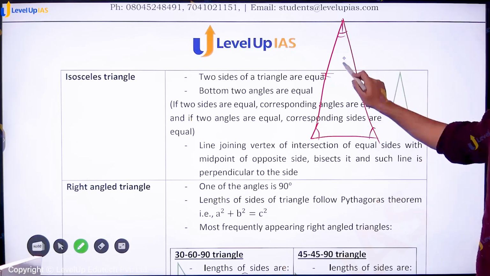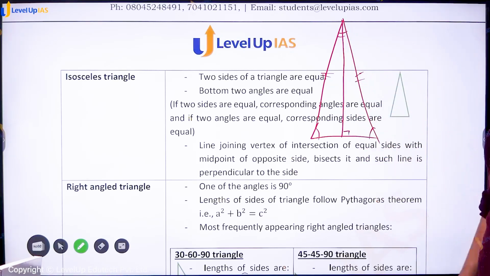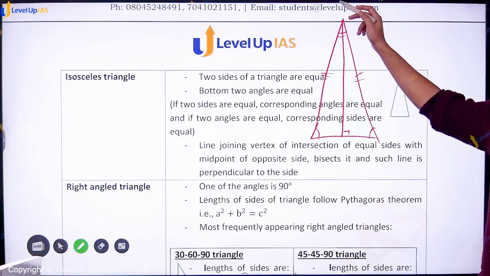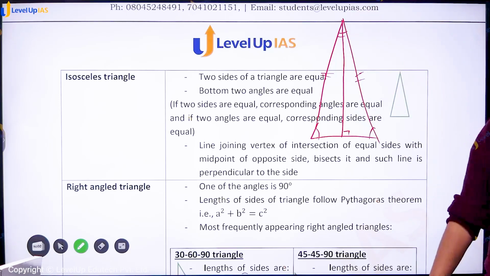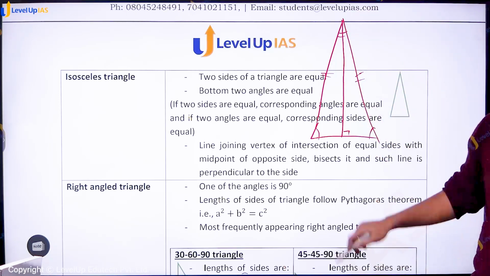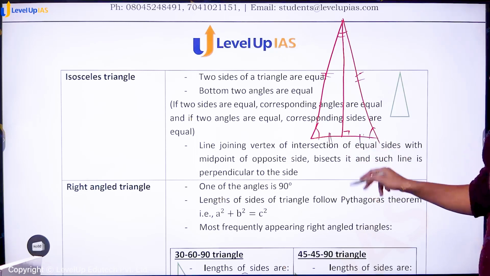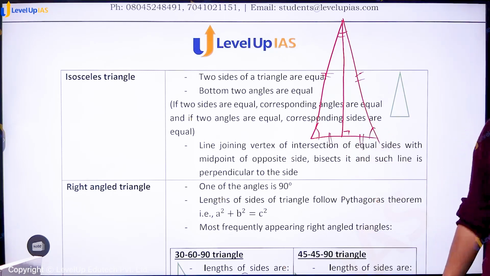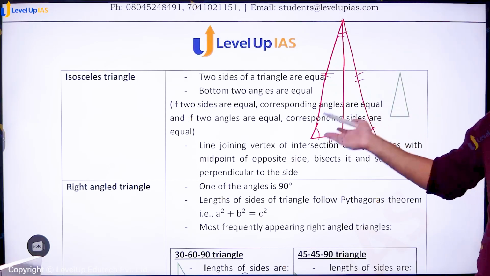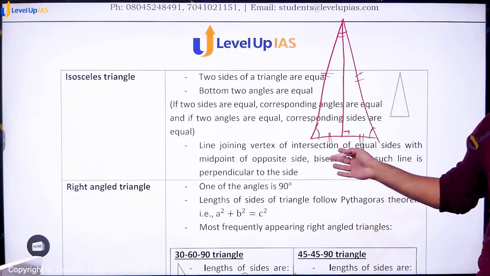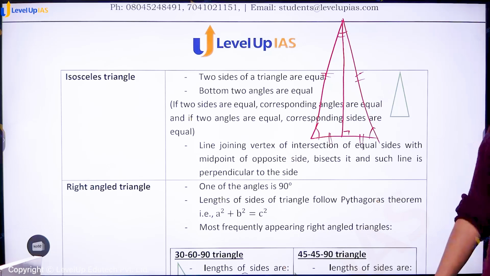Then if I draw a perpendicular from the point of intersection of equal sides, then it will bisect the third side. You can draw this and just check, you will see it in front of you. This is by symmetry as well.